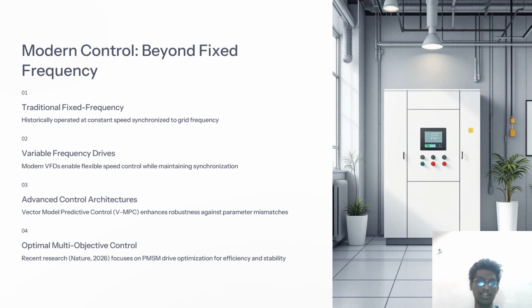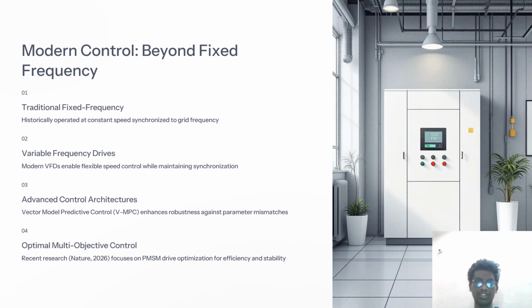Advanced control architecture: vector model predictive control, VMPC, enhances robustness against parameter mismatches. Optimal multi-objective control: recent research in Nature 2026 focuses on PMSM drive optimization for efficiency and stability.